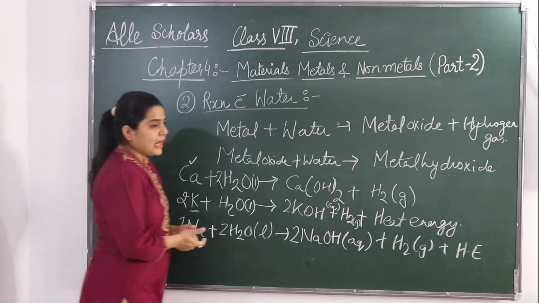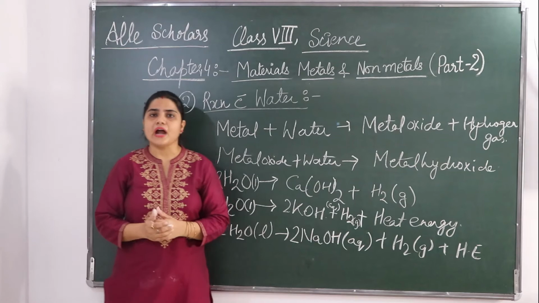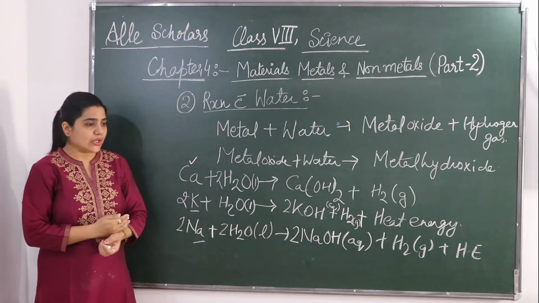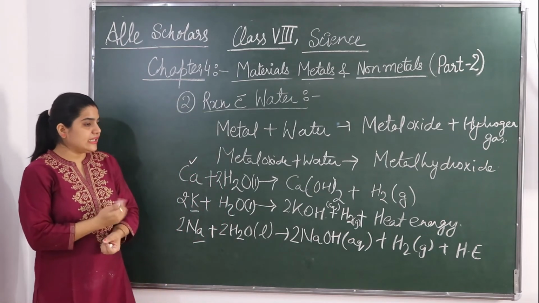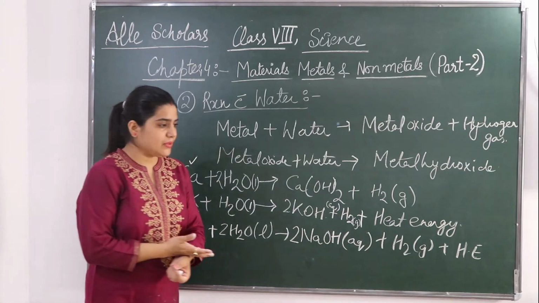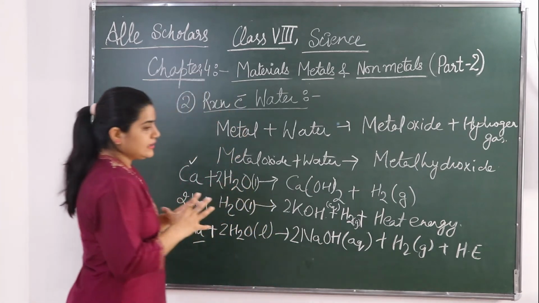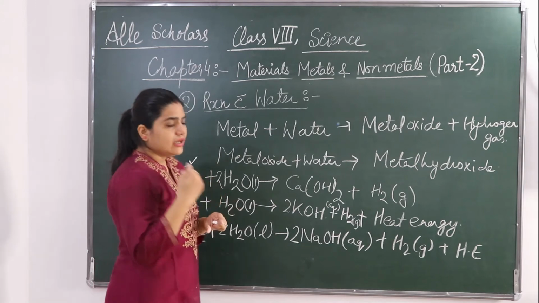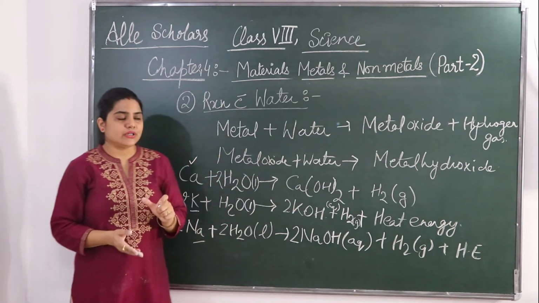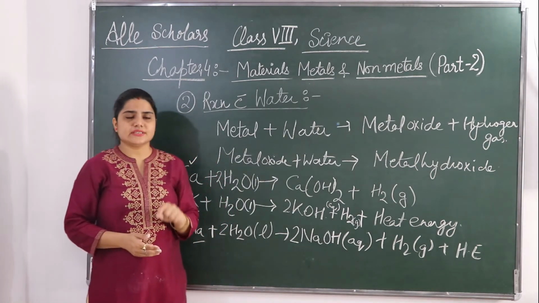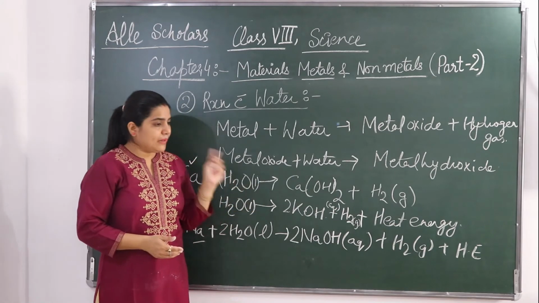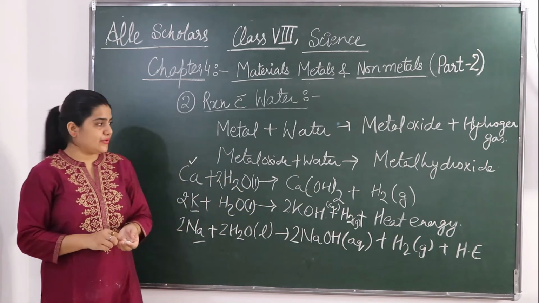But there are some metals that do not react with hot water. We shall see examples of them: they do not react with hot water, neither do they react with cold water, but they react with steam to form metal oxides and hydrogen.